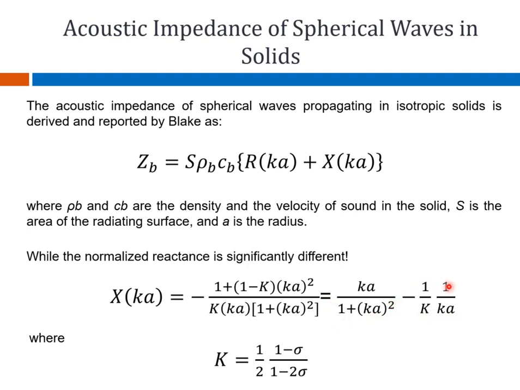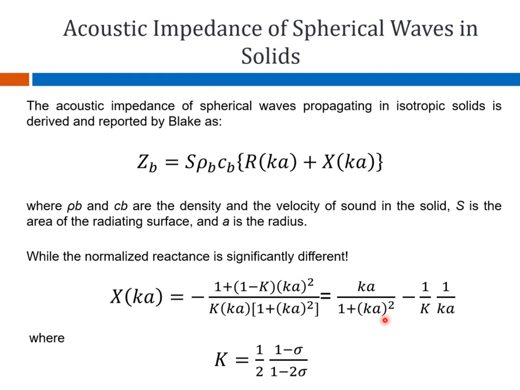The second term, if it is a fluid, let's say sigma is 0.5 like water, vanishes, which means shear waves are not supported in fluids. So the reactance is very similar to what we have in fluid mediums like oil or water.